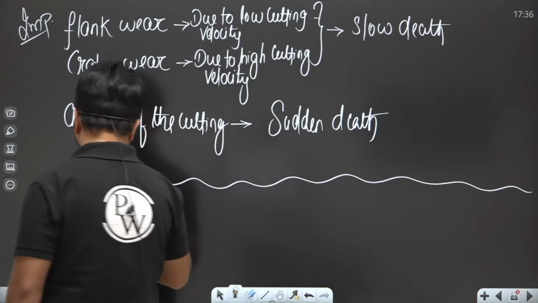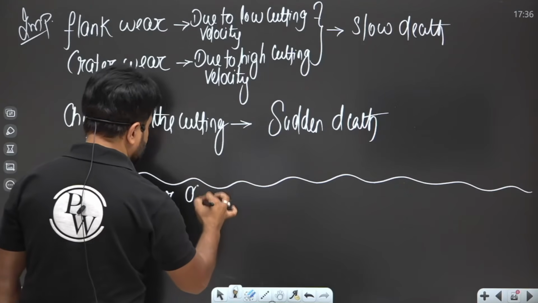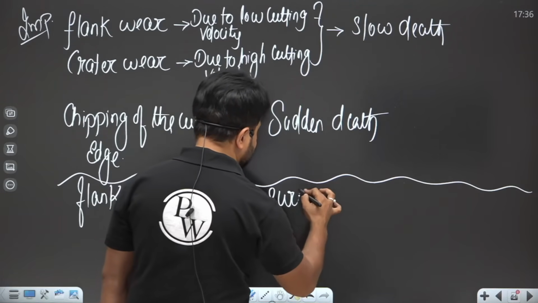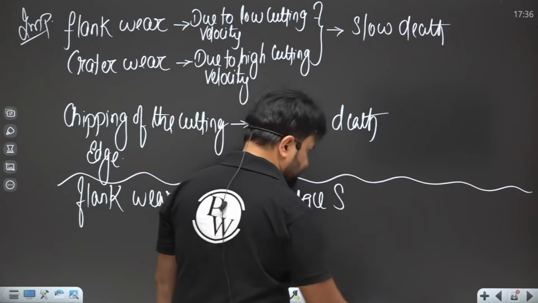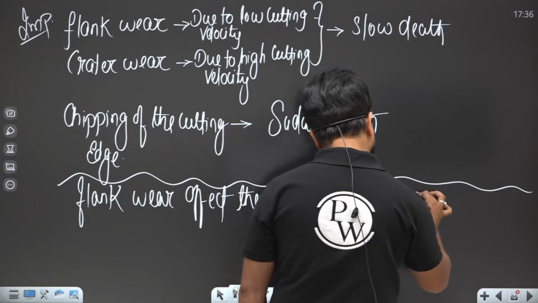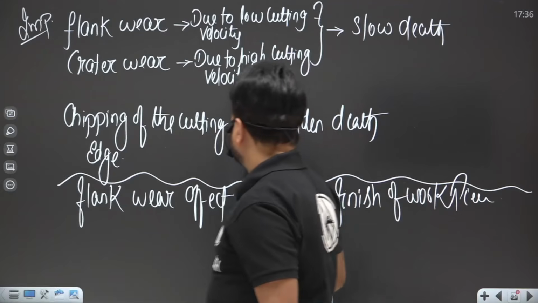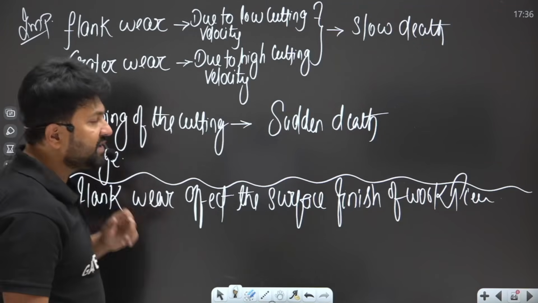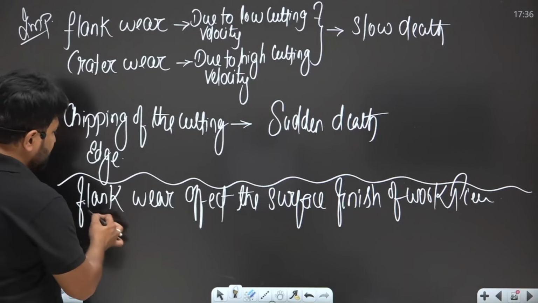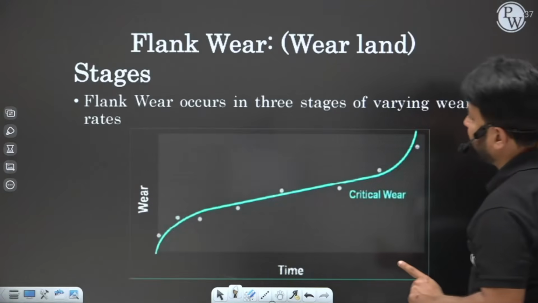Because flank wear affects the surface finish of the workpiece, and we don't want a bad surface finish. So that's why we have to minimize that flank wear. For that purpose, we are going to study the nature of the flank wear.